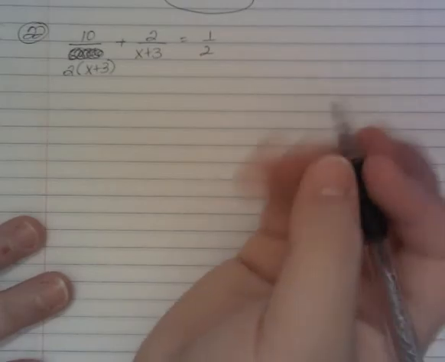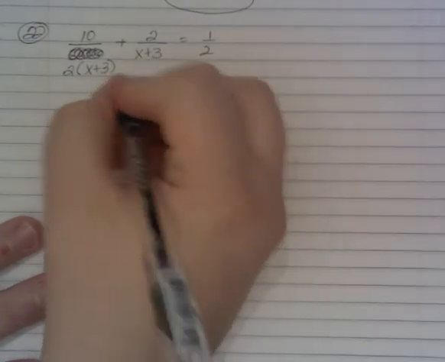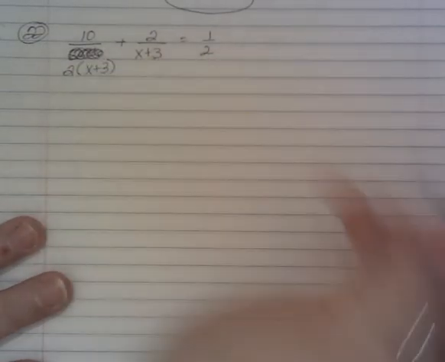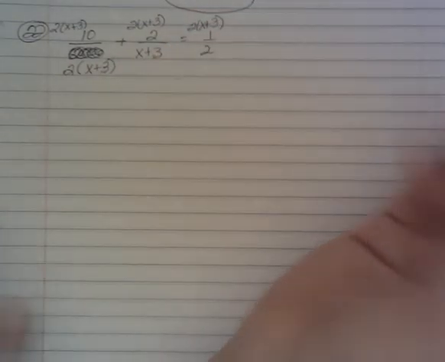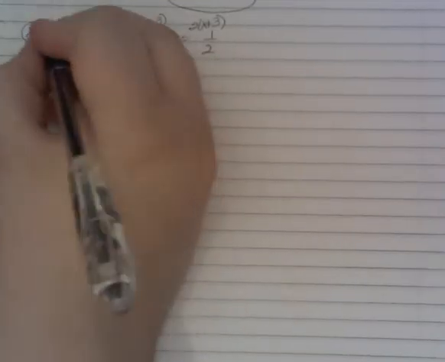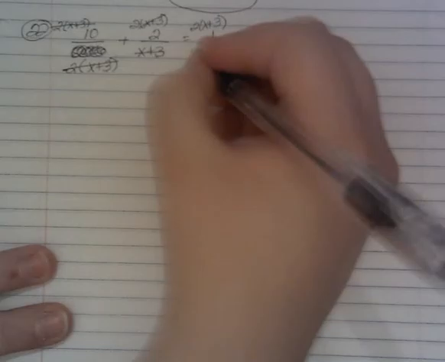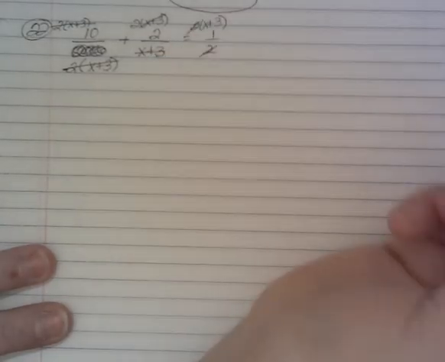So notice we have an x plus 3 in both of these, and then we have 2's in both of these. So I'm going to multiply by 2 times x plus 3. Okay, so this whole denominator here will cancel. My x plus 3's will cancel, and my 2's will cancel.